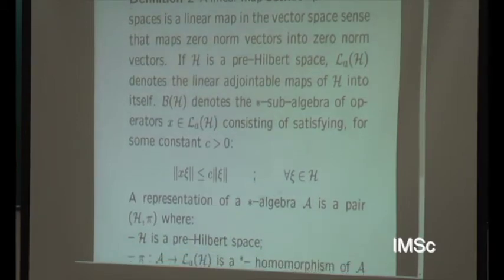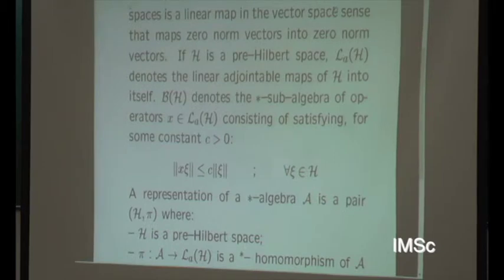So this is to fix our notations. We will mainly work on pre-Hilbert space. There are some reasons to prefer pre-Hilbert to Hilbert, as I explained to you last time. When we speak of a linear map between pre-Hilbert space in our notation, it means, first, that there can be elements of zero norm.